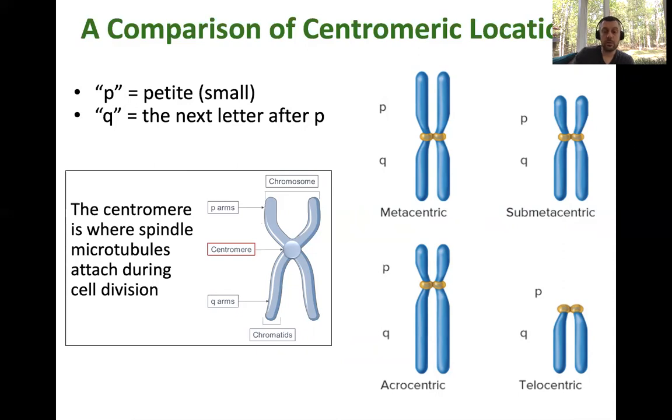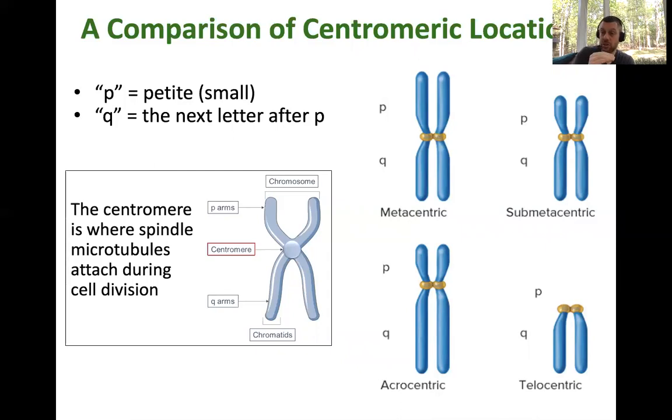And the centromere holds them together, and it's also where the microtubules are going to attach to pull the two versions of this chromosome apart. So if the centromere is smack bang in the middle of the chromosome, it is called a metacentric chromosome, as shown here.